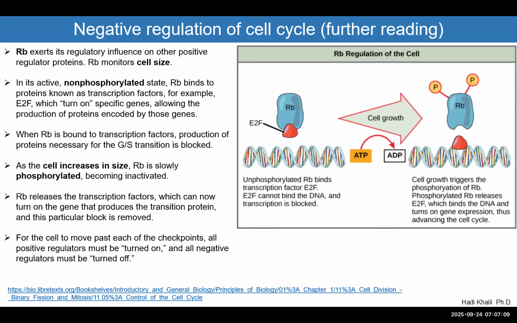If one of the positive regulators is not turned on, or if one of the negative regulators is always off or stays off, the cell cycle is not gonna proceed. Okay?